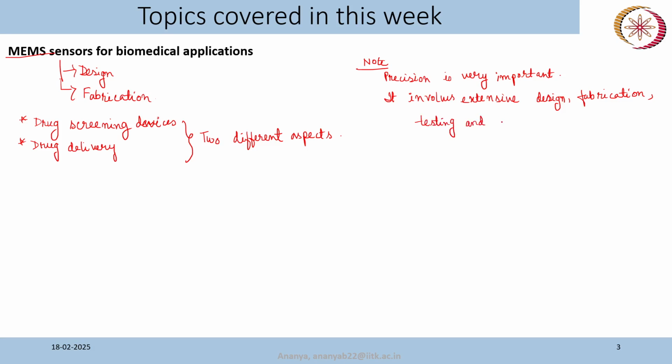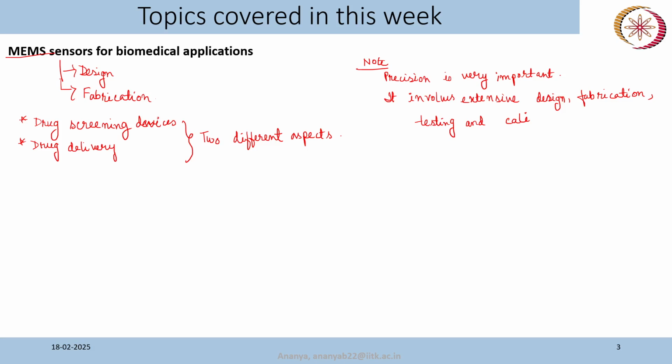Calibration is basically that you know for what input you will get what output. We are getting some output from the sensor. What is the expected input? Suppose it is a temperature sensor which is resistive. It's not a biomedical application, I'm just giving an example of what calibration means.